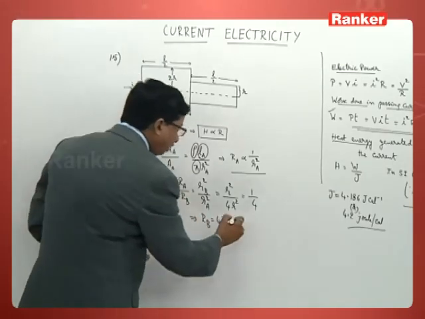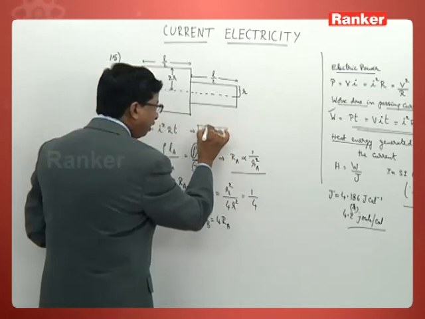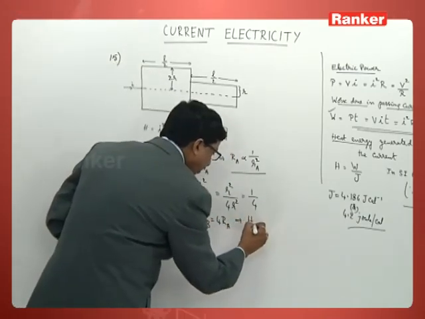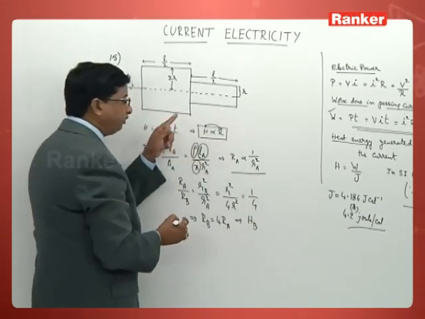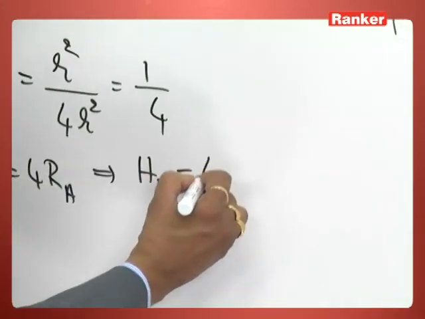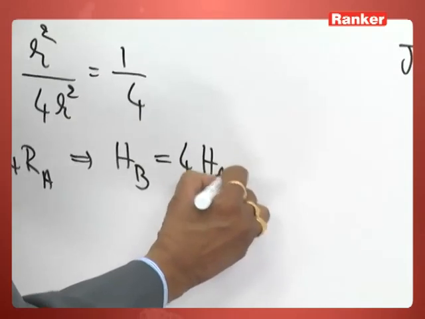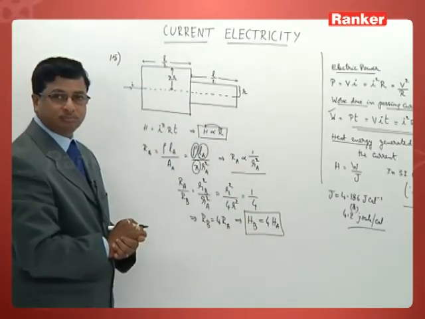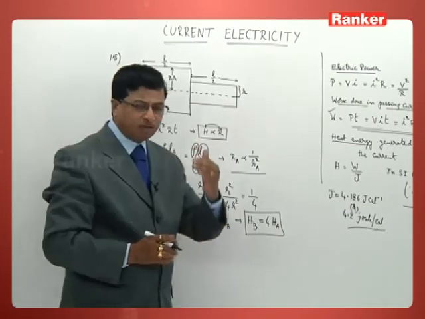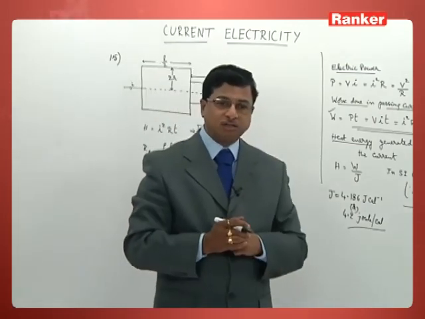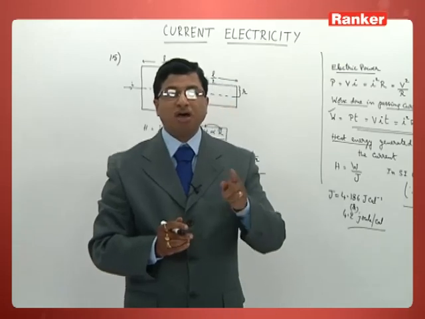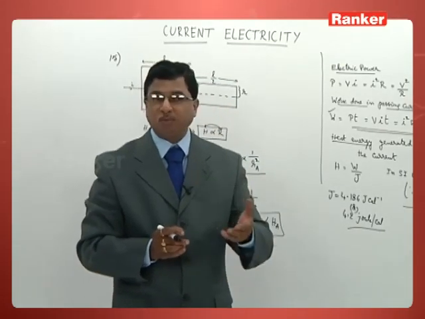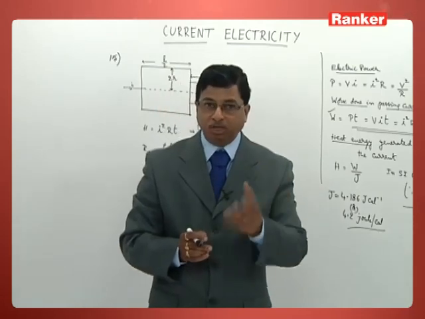But you know pretty well R and H are directly proportional to each other. Therefore, what can we write? Heat energy generated in the second rod will now be equal to 4 times the heat energy generated in the first rod. So what is the very first option given, you look at? Heat produced in bar BC is 4 times the heat produced in bar AB.